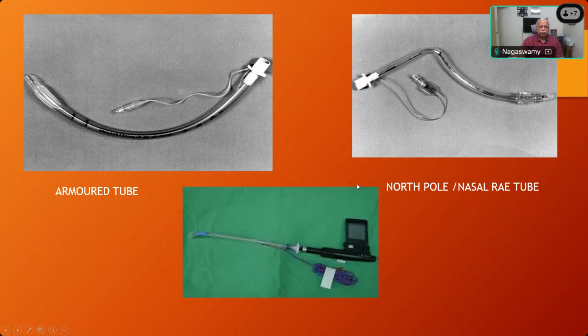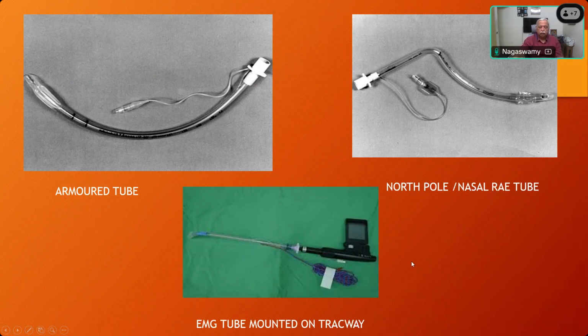This is the EMG tube mounted on a tracheal tube. So you have the stimulating wire, everything is there that will be attached to that after intubation. So whenever the surgery is going on, you can stimulate the nerve.